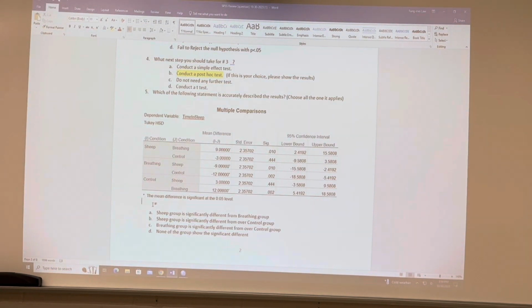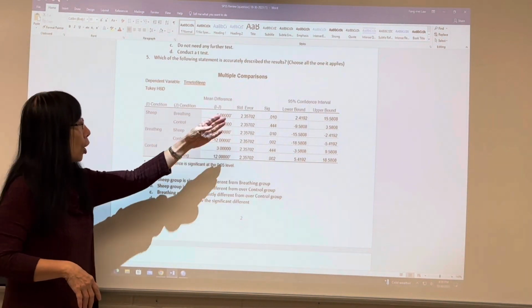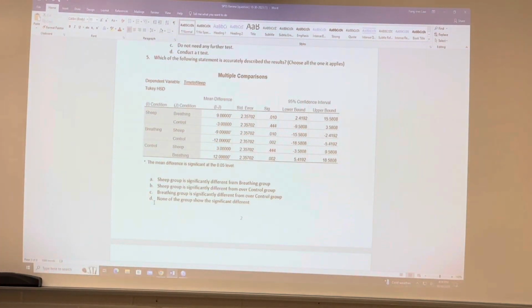Okay, so then what do we do now? We still look at the significance column. Because alpha is 0.05, look at this number. It's 0.010. Is it less than 0.05? Yes.